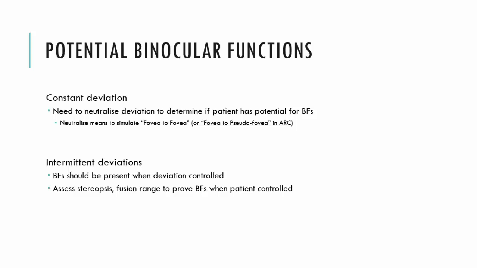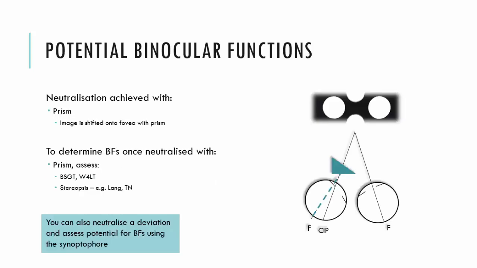So we already know that these patients do have binocular functions because they go between states of control where they've got binocular functions versus no control where they are manifest. So it's the cohort of patients with that constant deviation that we're really not sure whether they have binocular functions, and we need to go exploring whether the patient has the potential for it.